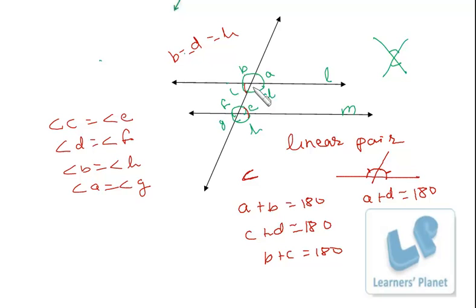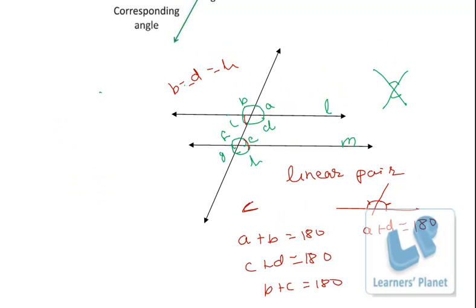Right? Next is interior opposite angles. Now what's that? See here, angle D plus angle E, they are known as interior opposite angles, right?